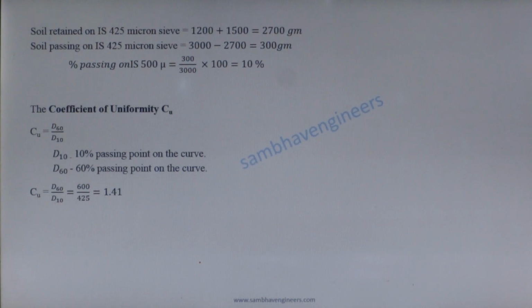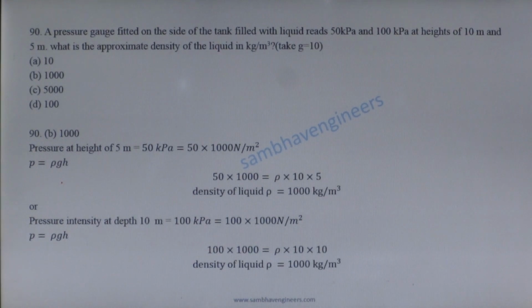Again, soil retained on IS 425 micron sieve is equal to 1200 plus 1500, 2700 gram. So soil passing through 425 micron sieve is equal to 300 gram. 10% of the material is finer than this sieve size, which is 425. So Cu is equal to D60 divided by D10 is equal to 1.41.